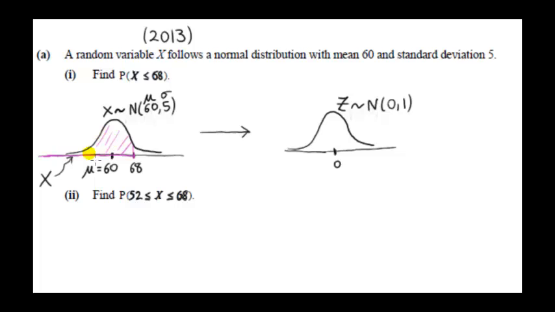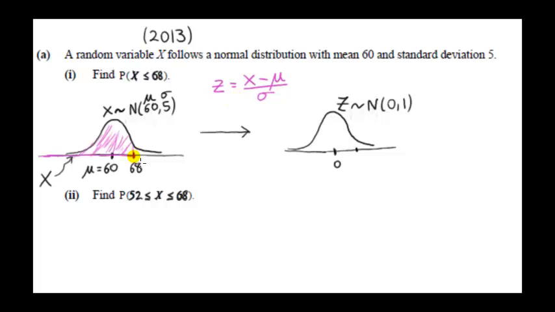Of course we can't just look this up. This particular normal distribution we have to standardize to the normal distribution with mean 0 and standard deviation 1. So we want a value corresponding to 68. Here's our formula for getting the transformation.